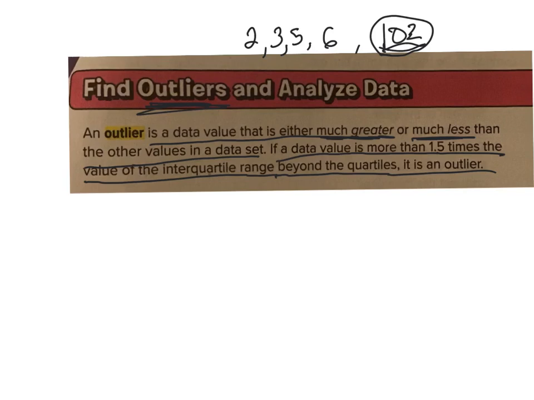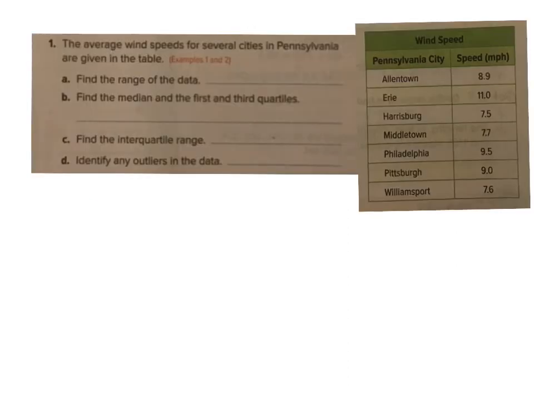So let's get into a problem, and I'll help explain some of this stuff. Okay? Okay, we're going to practice all this stuff. It's a lot to think about. So right now we have average wind speeds of several cities in Pennsylvania on this table.